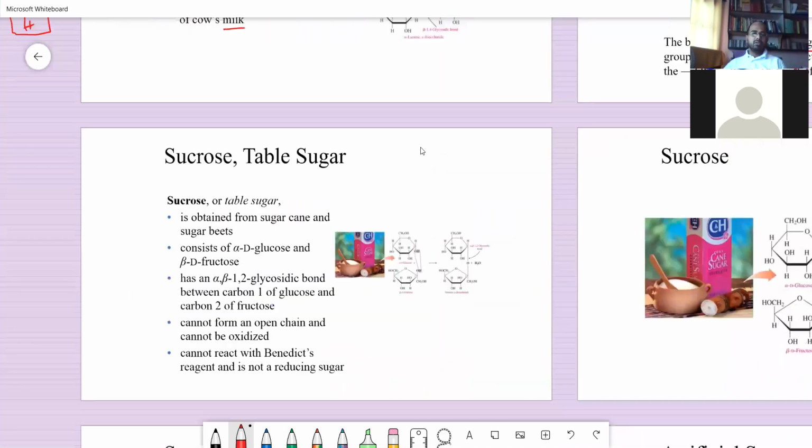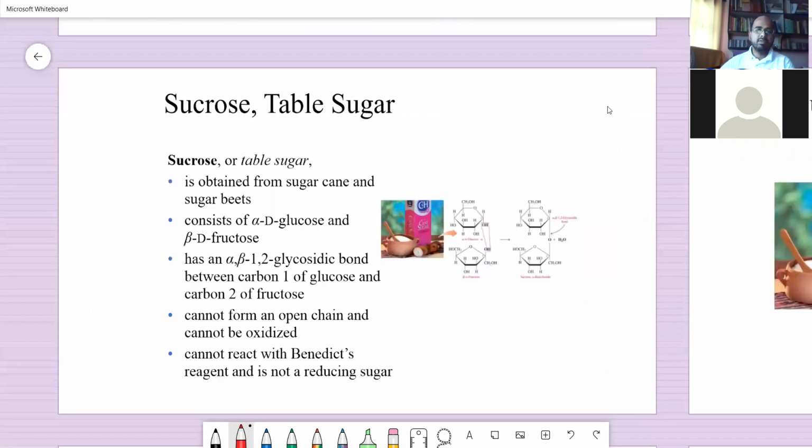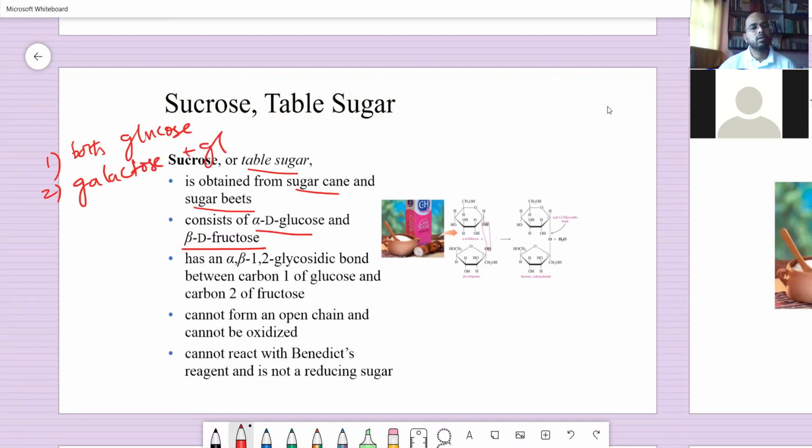The next is sucrose. We also call it table sugar. It's obtained from sugar cane and sugar beets. It consists of alpha D glucose and beta D fructose. So in the first case, both were glucose, and we have seen maltose. In the second case, galactose plus glucose giving rise to lactose.